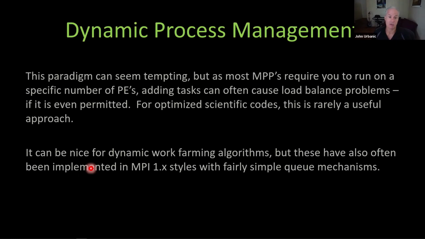Or maybe as the code's running, you've done work and you want to release PEs back to the pool for other people to use. That's dynamic process management, and that would be nice if things worked that way. In reality, most systems can't allow users to grab PEs mid-run. So in reality, dynamic process management is not very interesting. It's just not permitted on most systems. So who cares?